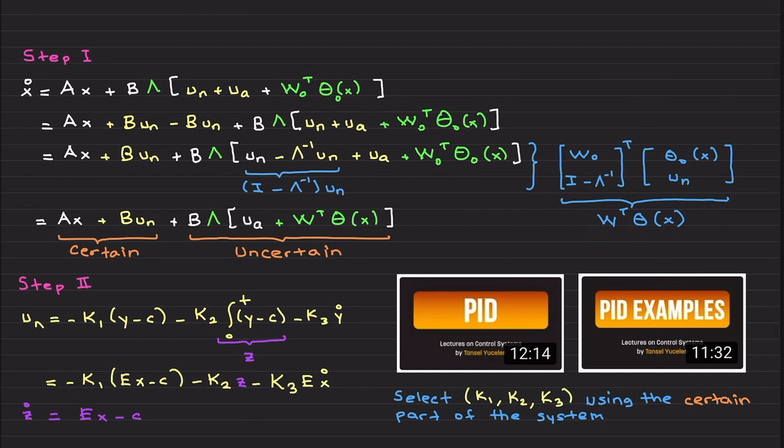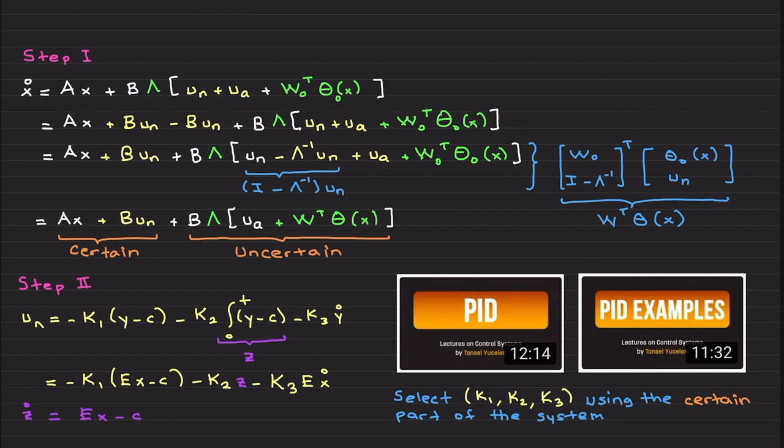Basically, I did this grouping to collect all the unknown weights here and create theta of x. And step number 1 allows you to write certain part or known part of the system and uncertain or unknown part of the system. So we kind of separate the system into 2 parts. Now this brings us to step number 2.